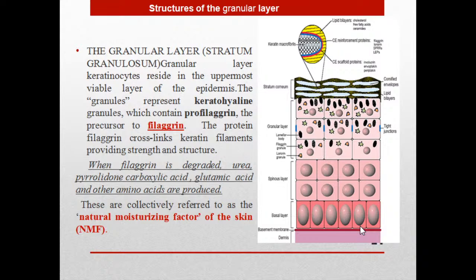The protein filaggrin cross-links keratin filaments, providing strength and structure. When filaggrin is degraded, urea, pyrrolidone carboxylic acid, glutamic acid, and other amino acids are produced. These are collectively referred to as the natural moisturizing factor of the skin.